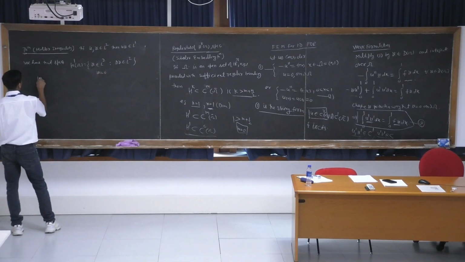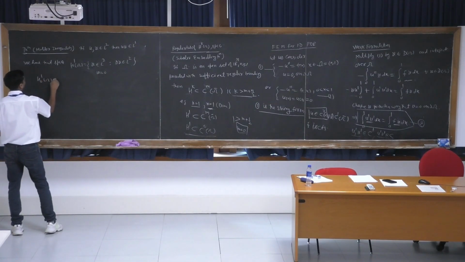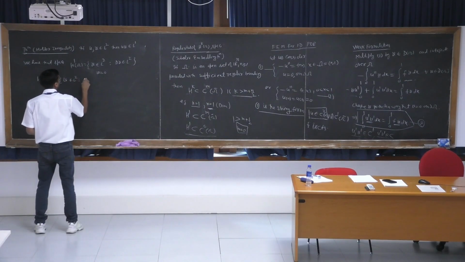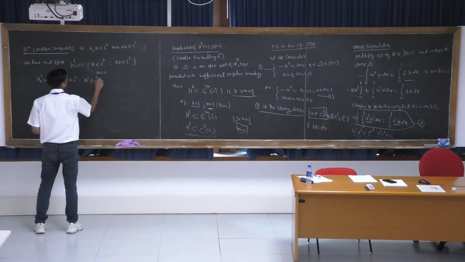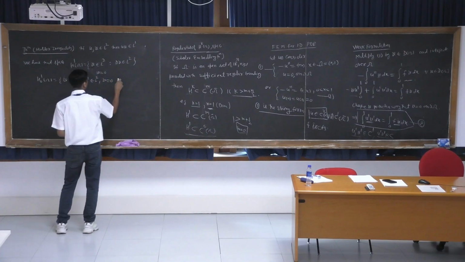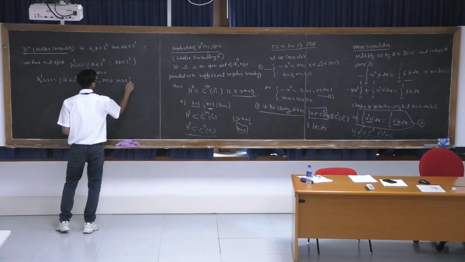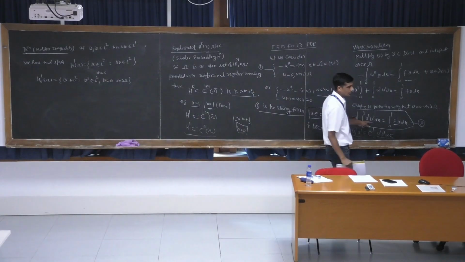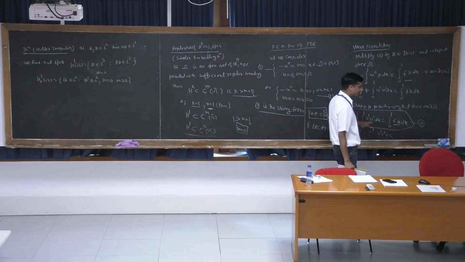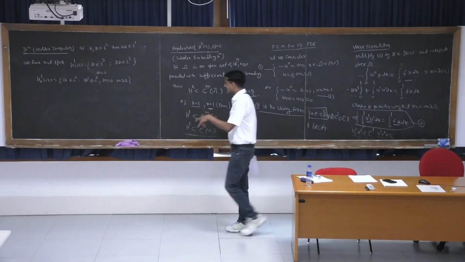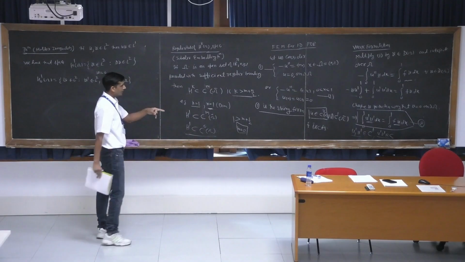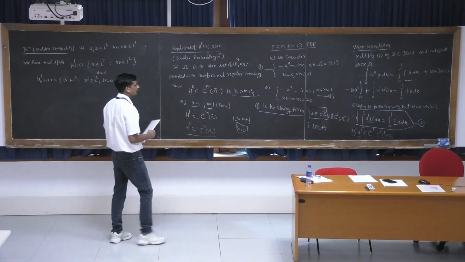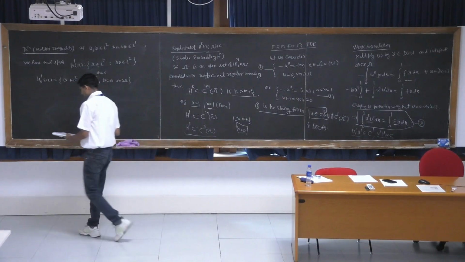So that space is H0,1: v belongs to L2, v dash also belongs to L2, and v is equal to 0 on the boundary. So for the existence of integral 2, the minimum regularity is that u dash and v dash are from L2. Then this integral 2 will really exist.